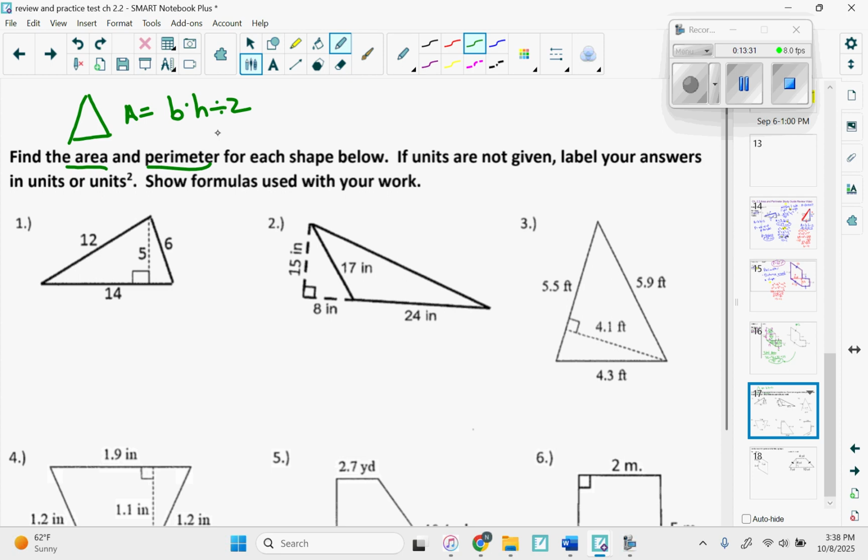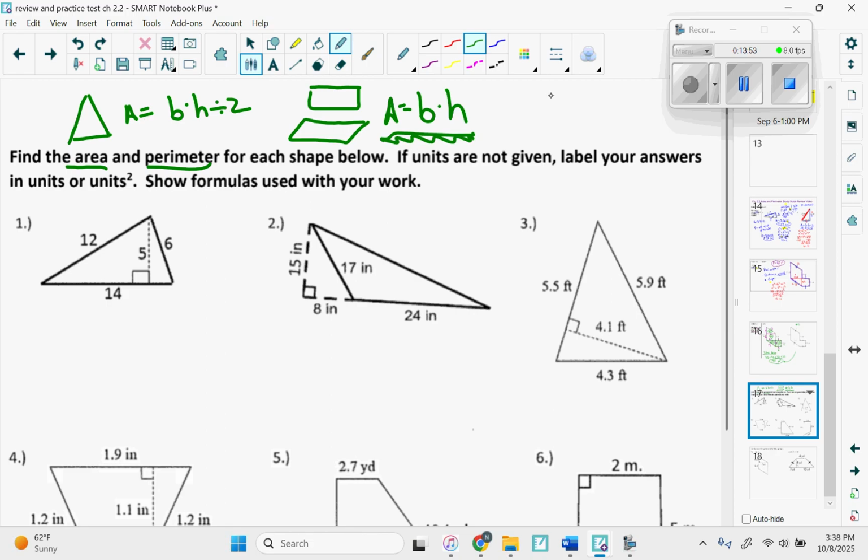If you have a rectangle or a parallelogram, their formula is area equals just base times height. Okay, so this is the formula that we've started with for every type. Triangles are half of it.